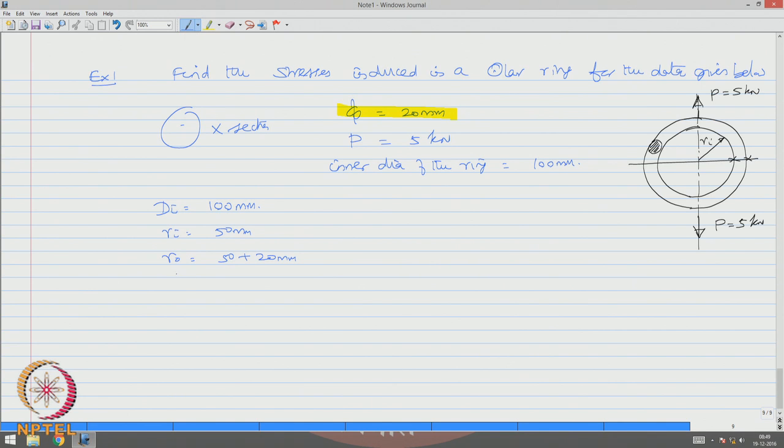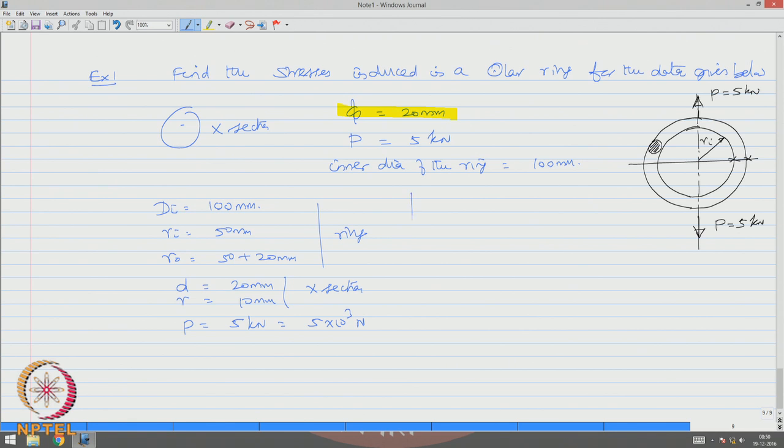Therefore, the diameter of the ring small d is 20 millimeter, and therefore, the radius is 10 millimeter. This is for the cross section. This is for the ring subjected to a load which is 5 kilonewton, so many newtons.